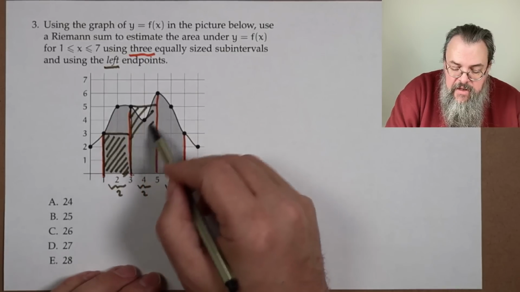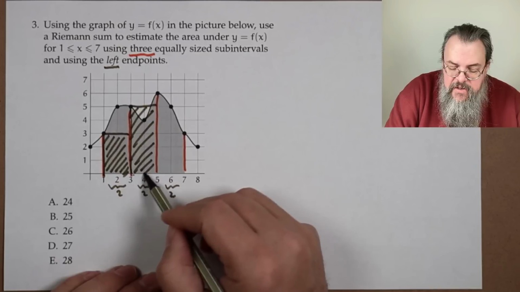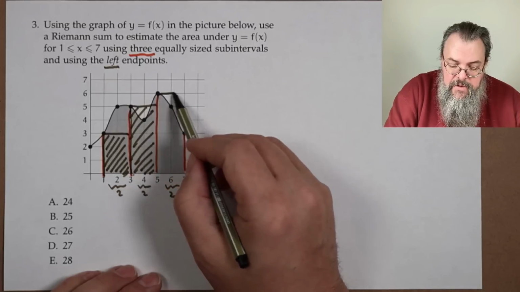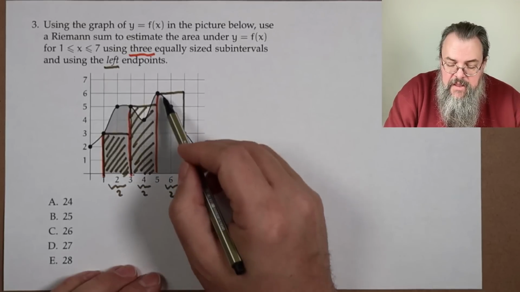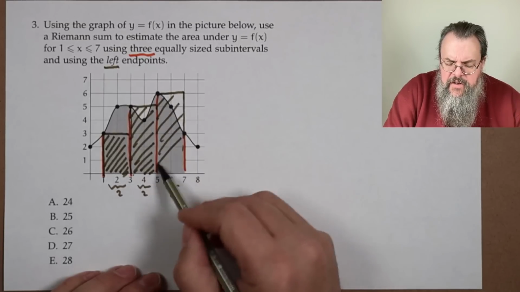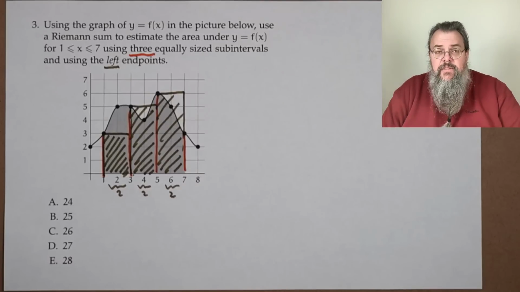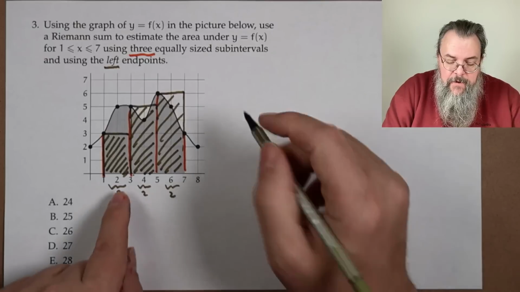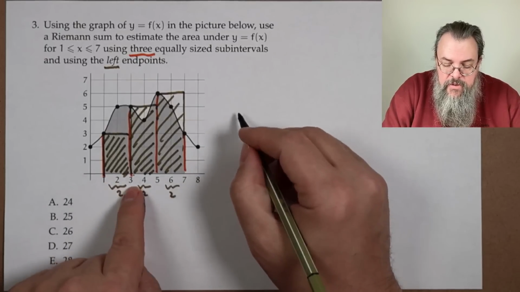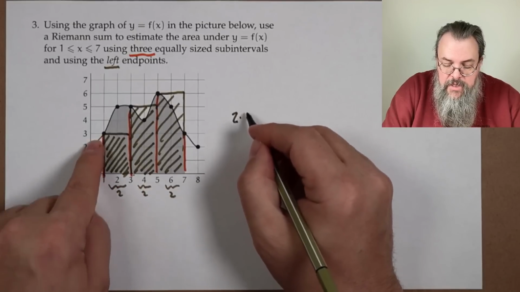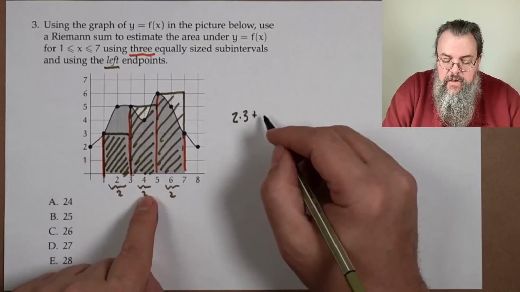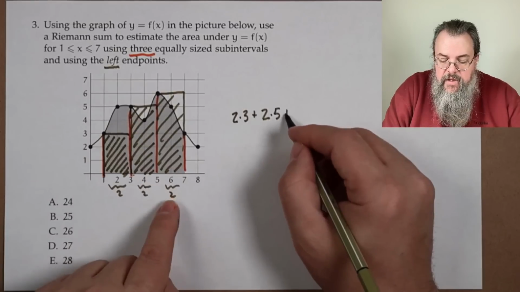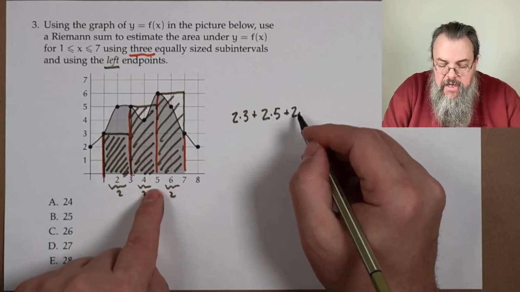This one is the area for the second part. And from 5 to 7, we go to the left, go up, and then we say, okay, that's our rectangle for the third part. So those are the pieces that we're going to use to estimate our area. So we have our first rectangle is a 2 by 3 plus a 2 by 5 plus a 2 by 6.